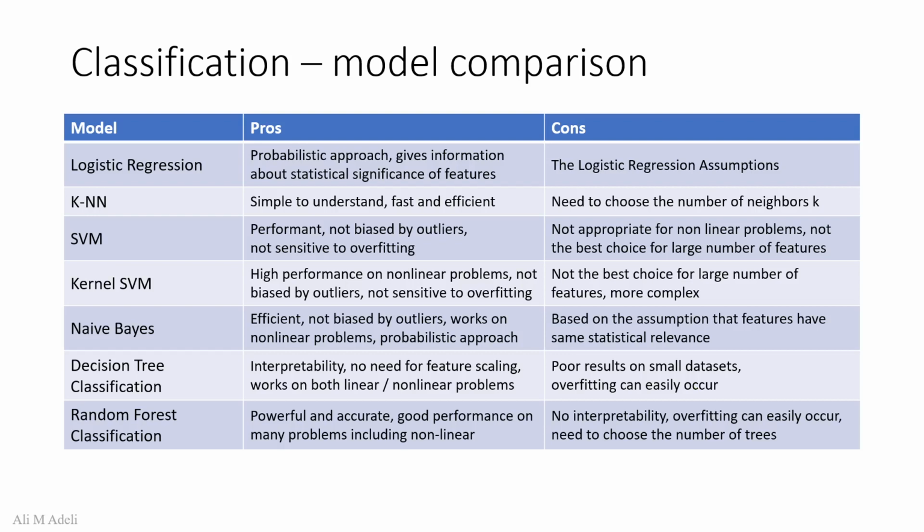Random forest classification, again, is powerful and can be accurate for precision purposes. Interpretability suffers here, similar to what we had in regressions. It's going to be a black-boxy model, and overfitting can easily occur and we need to choose a number of trees.